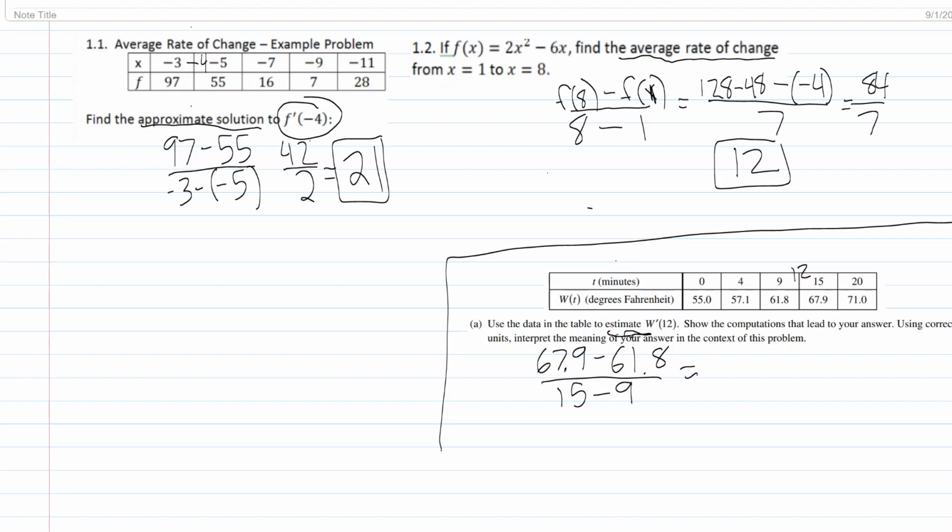And I get 6.1 over 6. Now on the AP tests, you're actually totally fine leaving your answer like this. This is beautiful. What I'm missing, though, is the units, which I said I was going to do next. So I'm going to do the units now. Degrees Fahrenheit per minute.